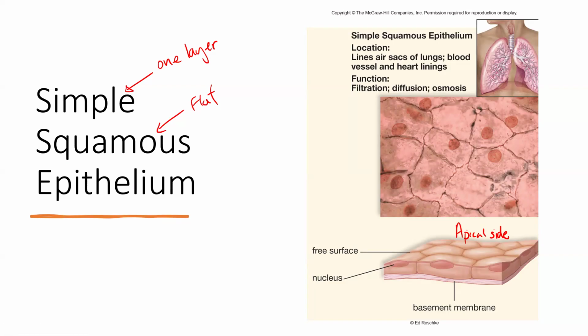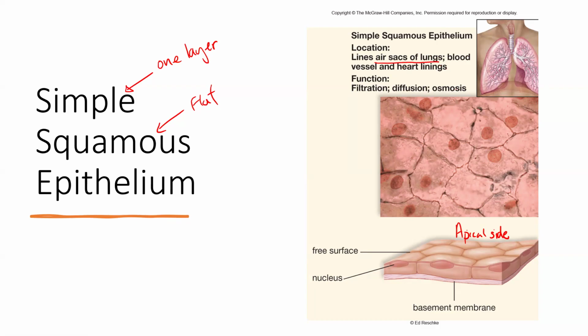Simple squamous epithelium, since it's only one layer thick, is best placed where you want material to pass through easily. One such location is inside the air sacs of the lungs.